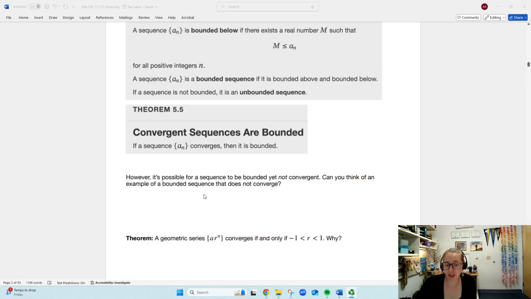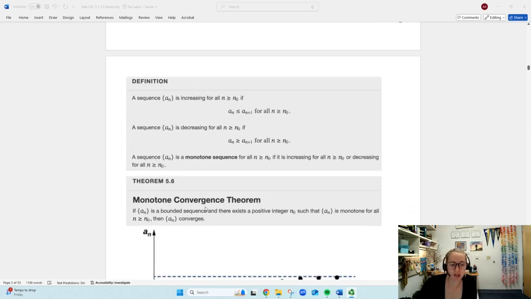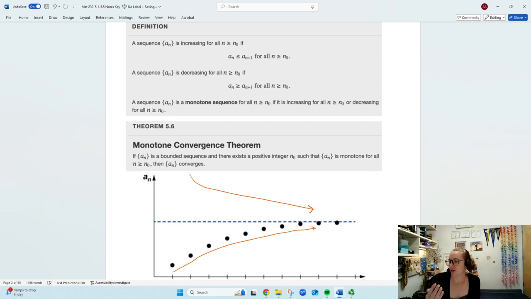And when something is increasing versus decreasing, that is called monotone. If somebody talks really monotone, they talk kind of flat. A sequence that is monotone is either always increasing or always decreasing. There's a really cool theorem that says that if we have a monotone bounded sequence, it converges, because it's bounded between two things and it's always increasing or always decreasing.